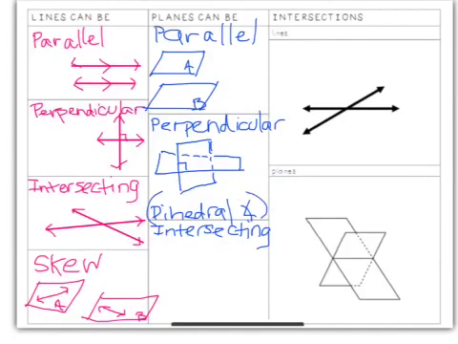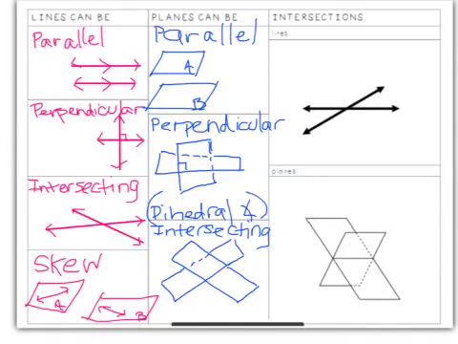Do your best to draw these, but the easiest way, draw an X. This plane is coming back, going down. This plane is cutting in from behind, so dashed line, and coming out in this direction. So you can see that they're intersecting, and the angle that they're forming, these are dihedral angles.